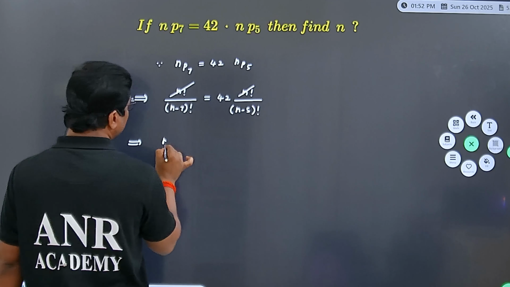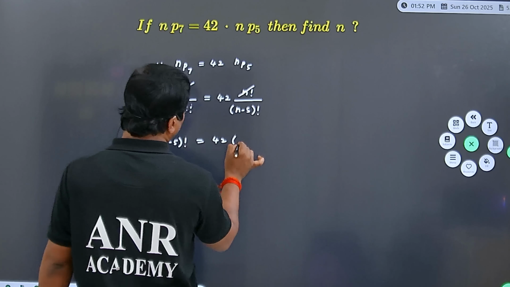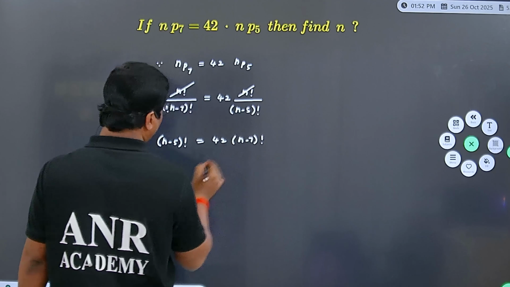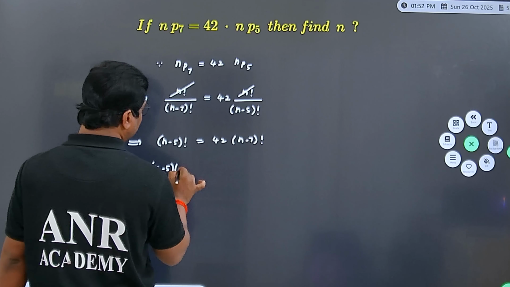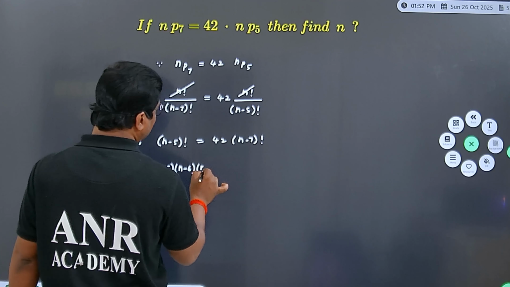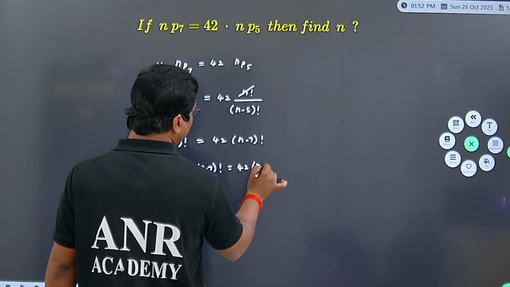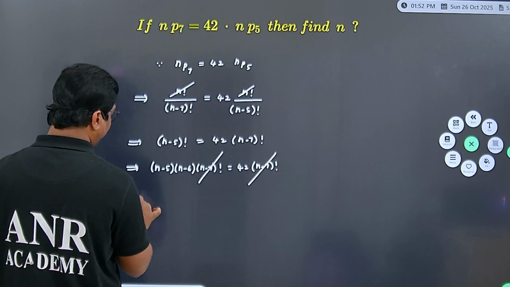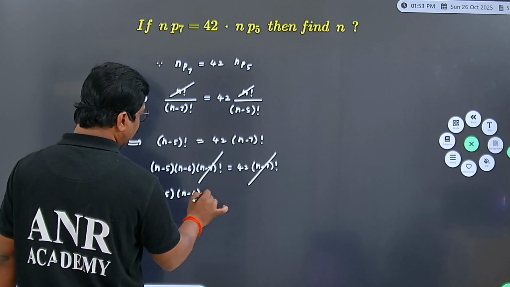On cross multiplication, (n-5)! becomes 42 of (n-7)!. Yes, (n-5)! is (n-5) into (n-6) into (n-7)!. In the right side, 42 into (n-7)!. These two terms get cancelled. (n-5) into (n-6).